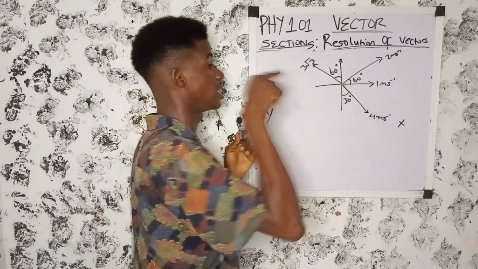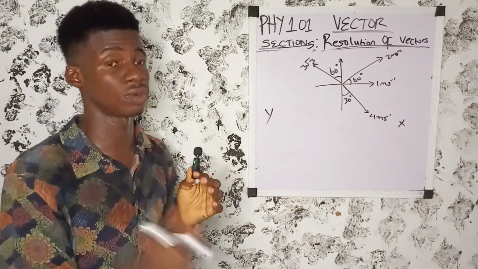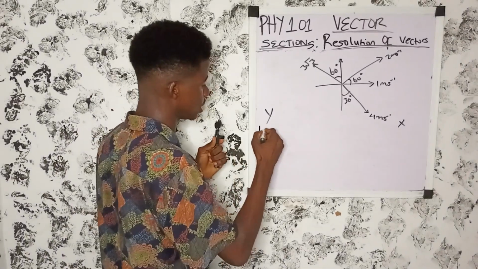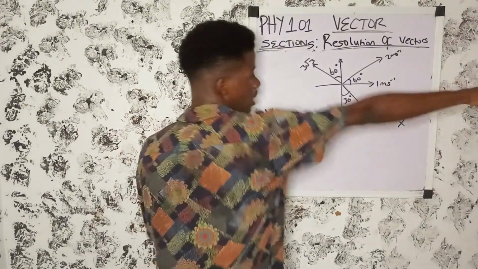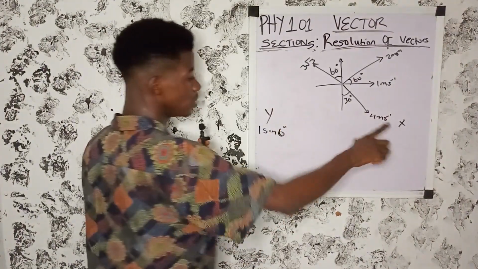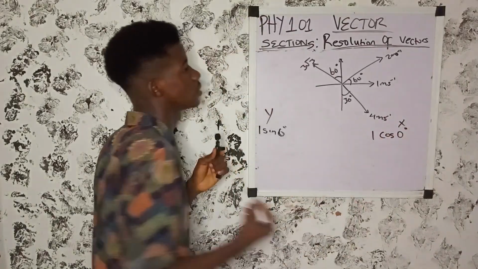That tells you that the east direction angle is always either 0 or 360 degree. So I'll do it like this: 1 sine 0 degrees, or 360. I will go here and do 1 cos 0 degree. Then we continue.